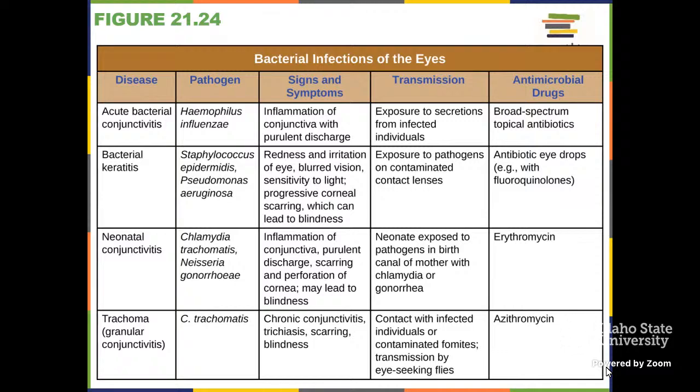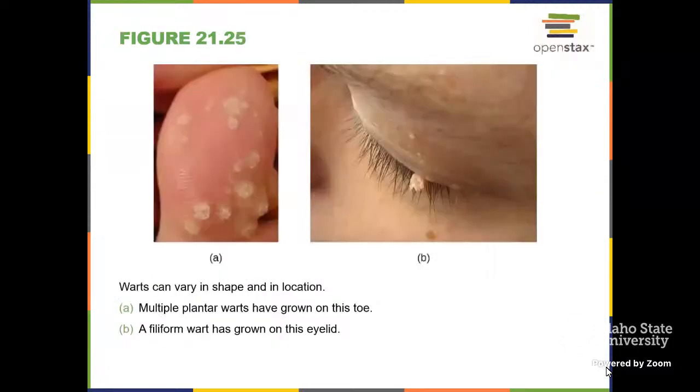For the keratitis, as far as bacteria go, Staph epi and Pseudomonas aeruginosa are some potentials. Chlamydia and Neisseria for neonatal conjunctivitis, and the potential for that trachoma as we see it again, and this would be a chronic conjunctivitis leading to the trichiasis as a result of that.